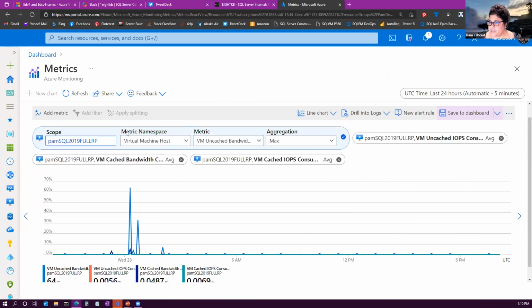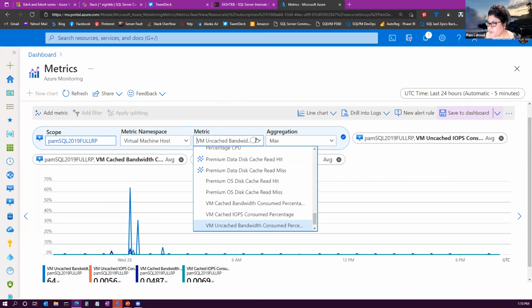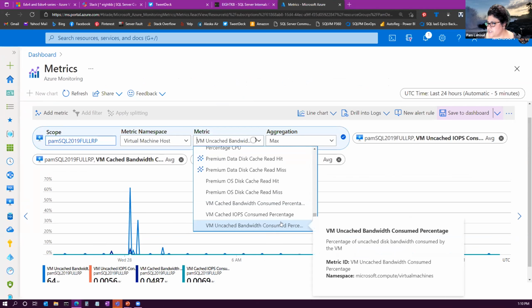It's hard to see the whole thing, there we go. VM uncached bandwidth consumed percentage. This is how much of your VM level provisioning you are using, the VM level throughput provisioning. If you hit 100%, you're being capped.